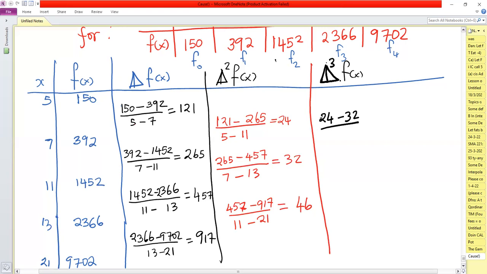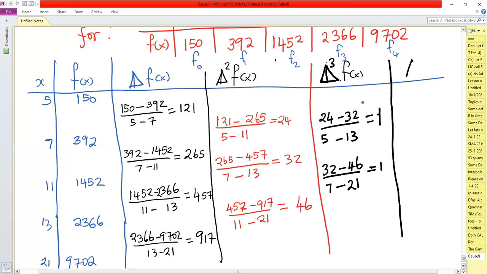Now for 24, the lower number is 5. For 32, the upper number is 13. So we'll have 1. Next will be 32 minus 46. For 32, the lower value in the denominator is 7. For 46 it is 21. So this will also give us 1.